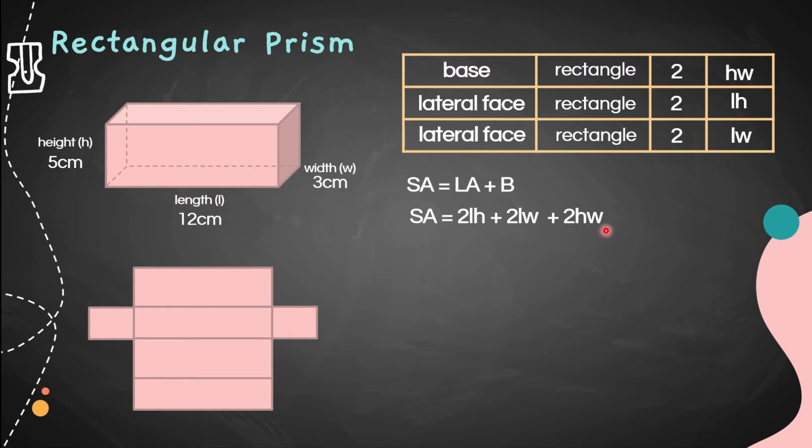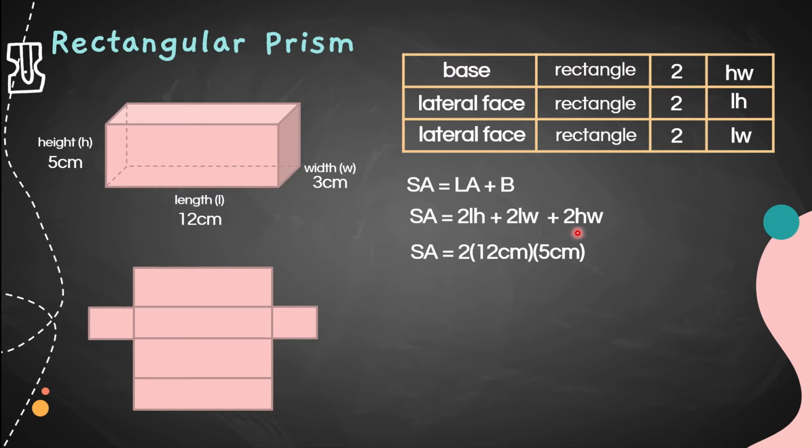So to find the surface area of this figure, let us now substitute the given measurement in the formula 2 times length times height plus 2 times length times width plus 2 times height times width.